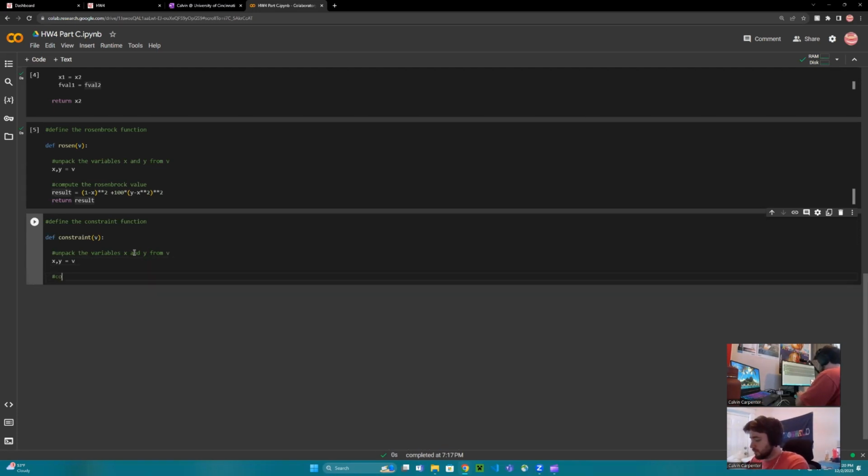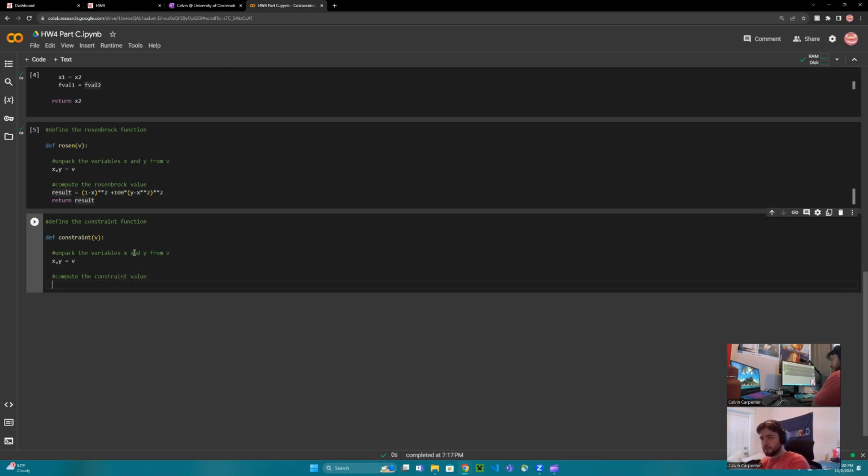Now we're going to compute the constraint value. So result equal to x minus 1.0 minus 0.5.